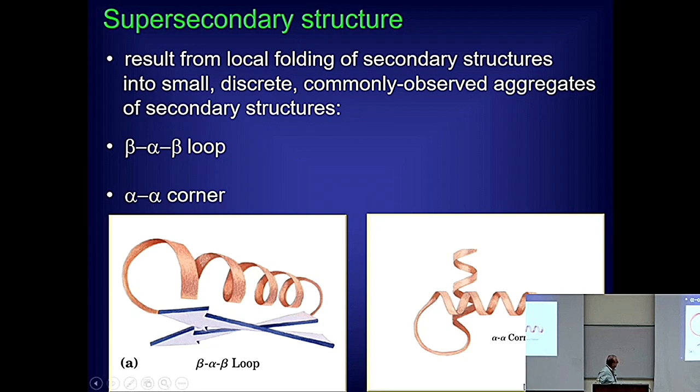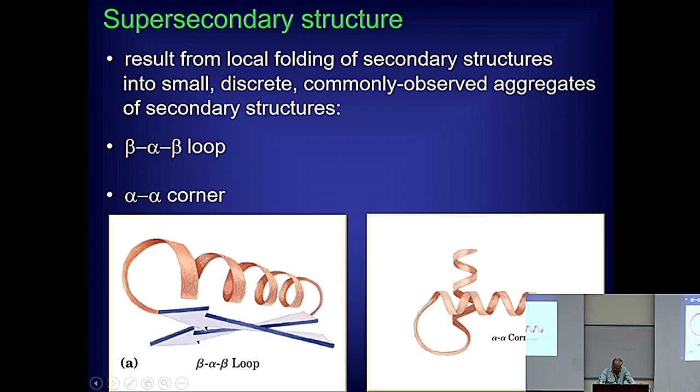So here, for example, is a polypeptide with supersecondary structure. It has a beta sheet, then it has an alpha helix, then it goes back to a beta sheet. So this level of organization is called beta alpha beta.